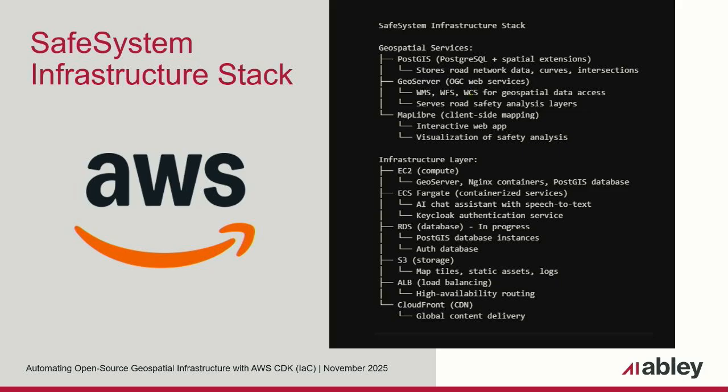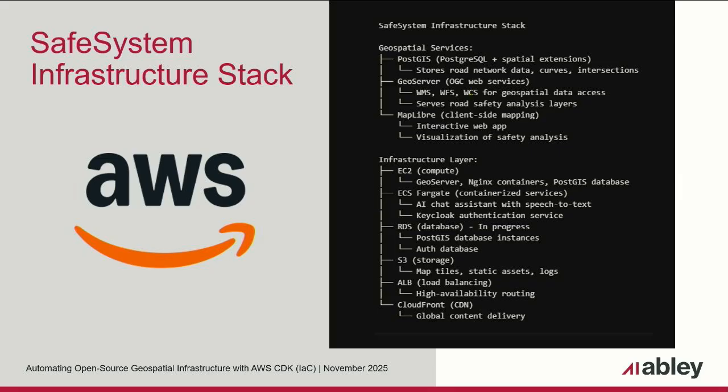On the infrastructure side, we have this stack hosted on AWS, and the solution is served by a PostGIS, Postgres database, GeoServer with WMS, WFS capabilities, and MapLibre for the web application in the front. From the back-end infrastructure side, where I normally work, we use AWS EC2 compute for GeoServer, Nginx containers, and databases also currently.